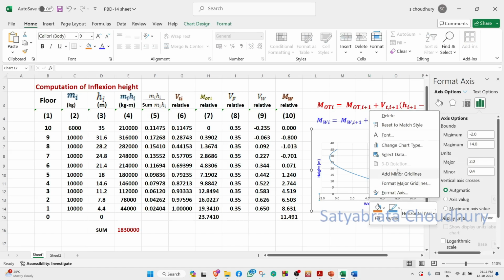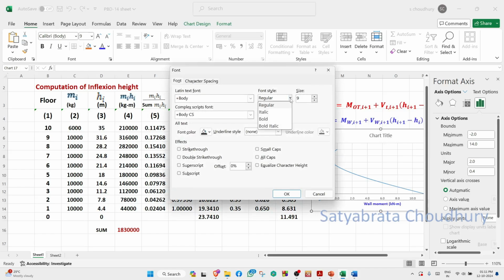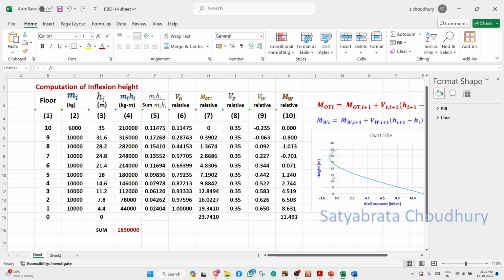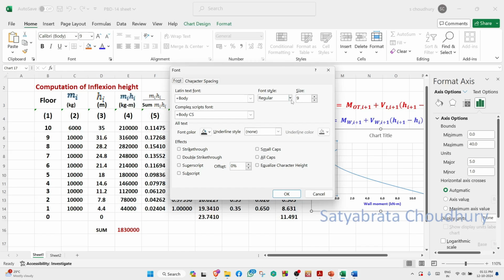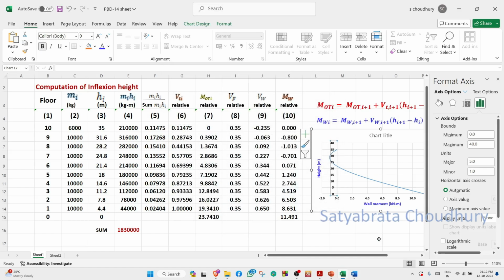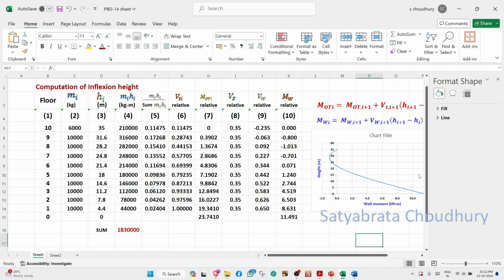If you want to transfer this to your Word file, or you want to submit some assignment for that purpose, we can go to font and choose bold and black color or whatever color you want. Similarly for the y-axis.